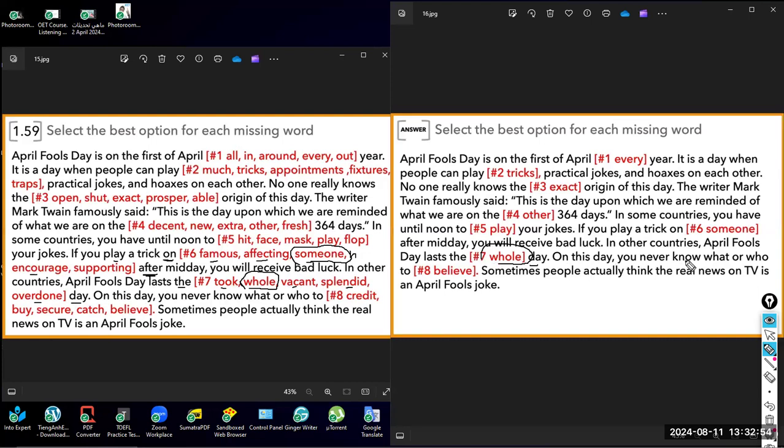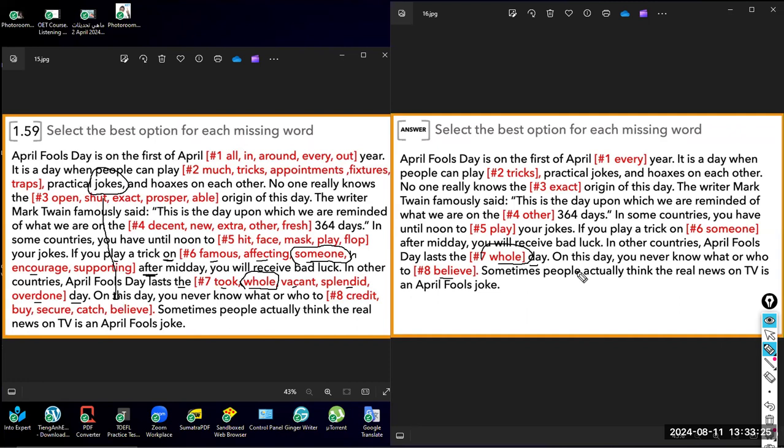So this is why the correct word is whole. On this day, you never know what or who to believe. So notice, guys, because I'm talking about the tricks, if you are talking about the tricks, maybe you will believe this is a trick, or maybe you don't want to believe it, for example. So because I'm talking about tricks, I'm talking about jokes. So now I'm talking about believing in these jokes, or maybe not.